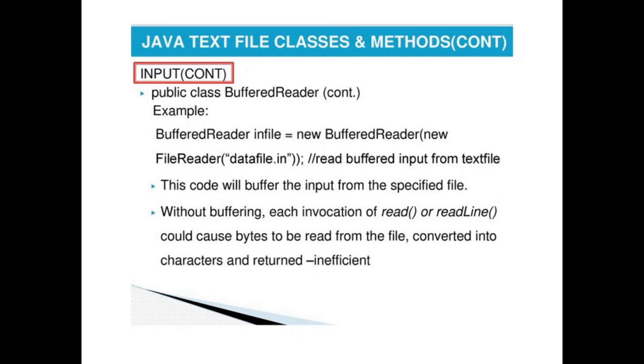Without buffering, you are directly calling read or readLine and the data is coming directly from the file, so there may be times that you are not able to extract some data due to some reason. In case of buffering, the data is filled inside the buffer, so the reading is efficient. In case of not using buffering, it is inefficient.